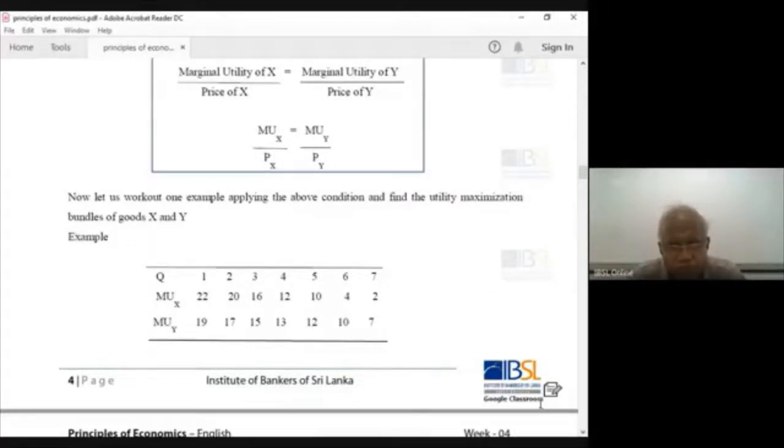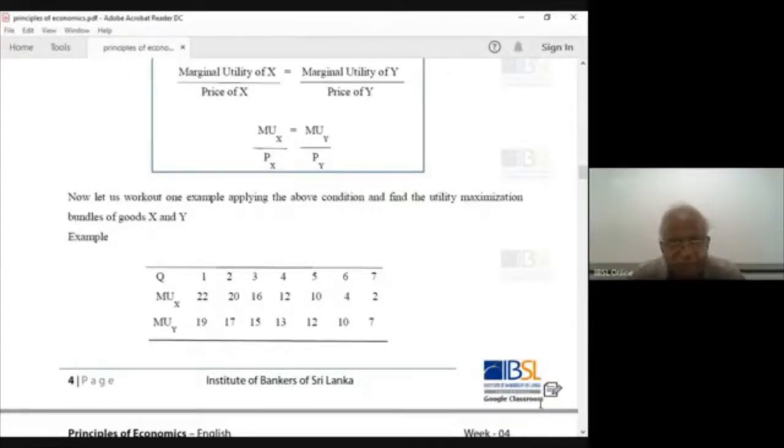Second unit of X, marginal utility MUX 20. Third unit of X gives him 16. Fourth unit, 12. Fifth unit, 10. Sixth unit, 4. Seventh unit, 2. Good Y: first unit 19, second unit 17, third unit 15, fourth unit 13, seventh unit 7.